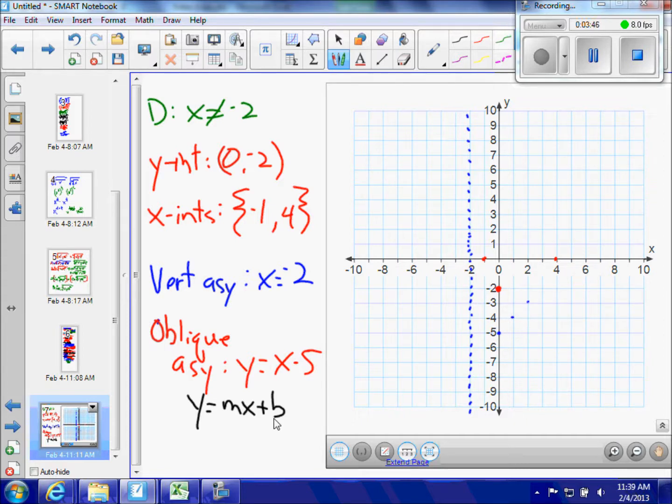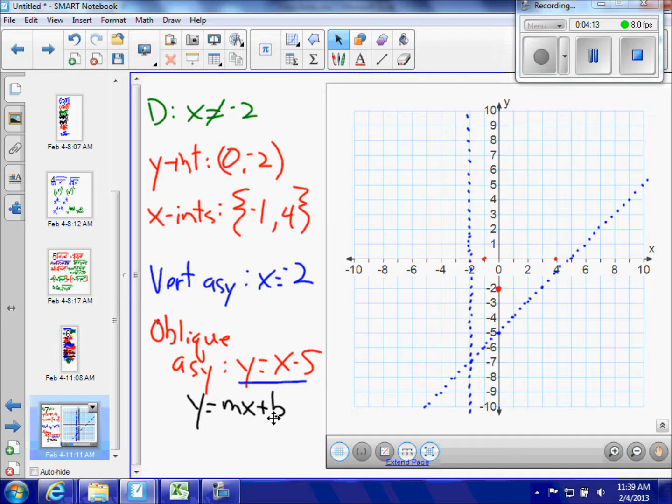Over 1, up 1, over 1, up 1. It's very nicely giving me a nice straight line. So this is my oblique asymptote. I'm just going to kind of sketch it in. There's my oblique asymptote. And I have to identify the equation.